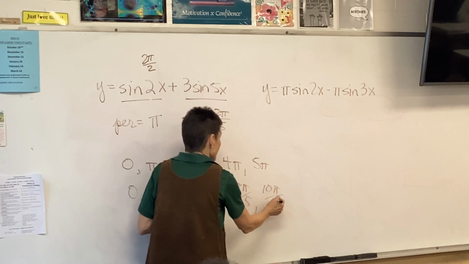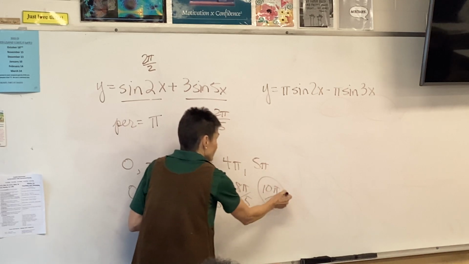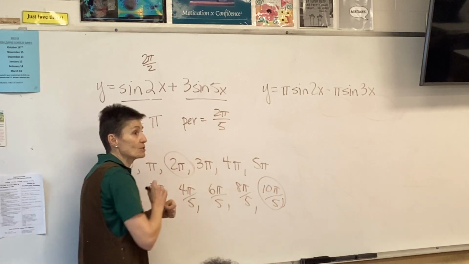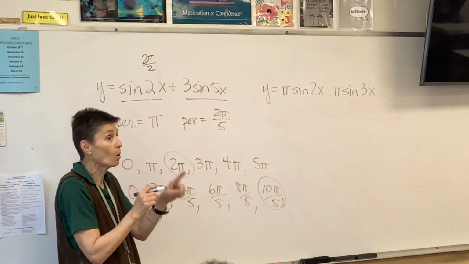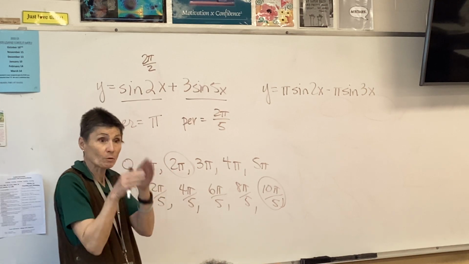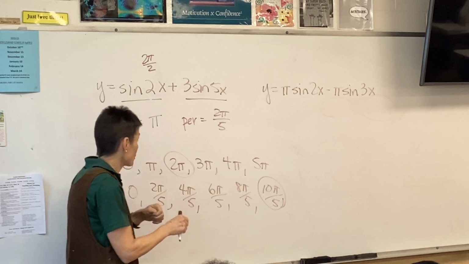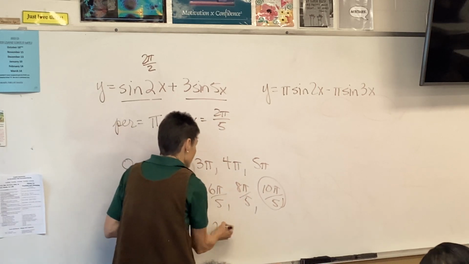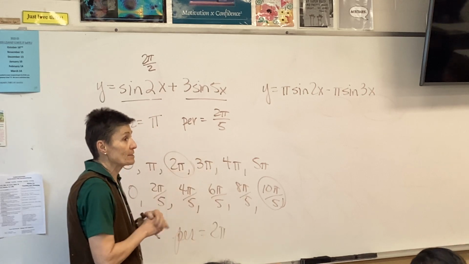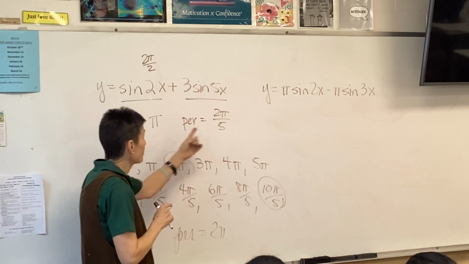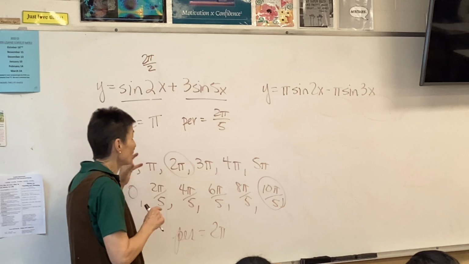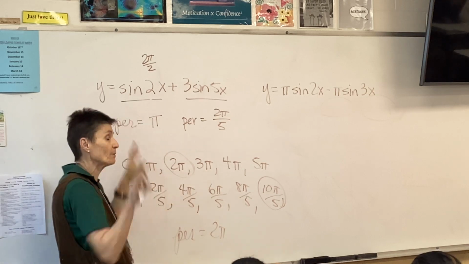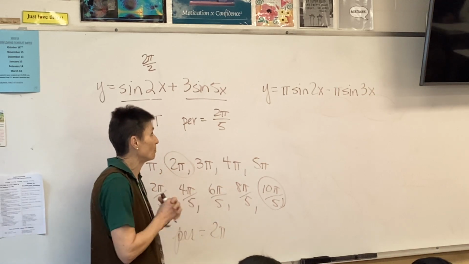Uh-oh, here it is. What's 10/5? 2 pi. There's an overlap, right? That's the first one that they both have in common. So that is the period of the problem. All right, so not sinusoidal, periods don't match, but it is periodic. The period of the whole problem is 2 pi.